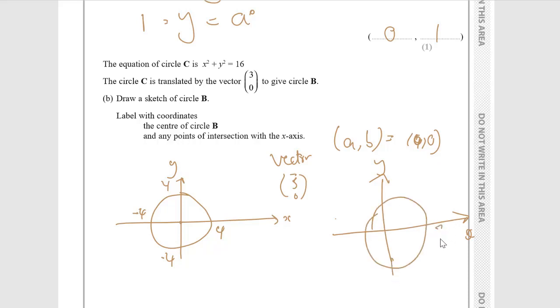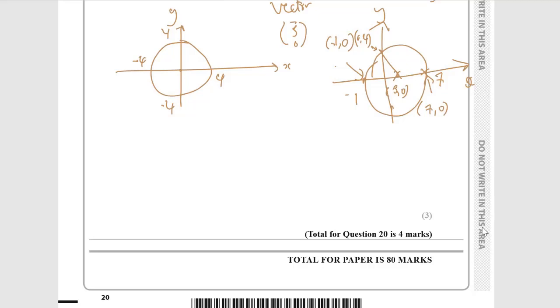We're going to have 7 and minus 1, so this is going to be 7, 0, and this one here is going to be minus 1, 0. And then this point here where it crosses is going to be 0, 4 here. Because if you just recall, this is always going to be a distance of 4. And that brings us to the end of the exam paper.